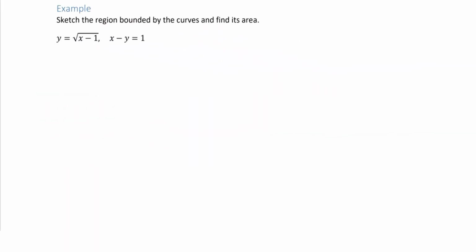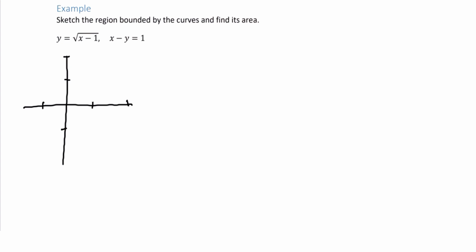In this example, we again want to sketch the region bounded by the curves and then find its area. So we first have the square root of x minus 1. If you're familiar with the square root function, that's just your basic square root function that's been shifted right 1 unit.